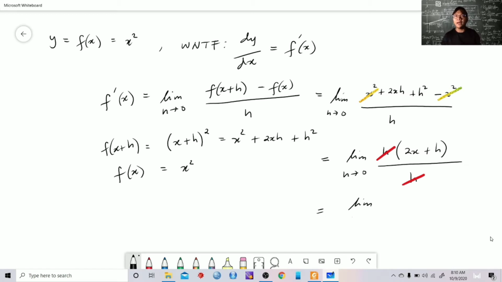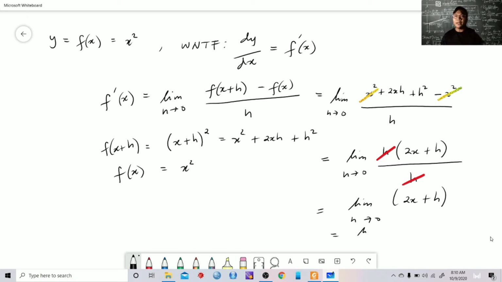So we are left with 2x plus h. Now applying the theorem in limits, the limit of the sum is equal to the sum of the limits.